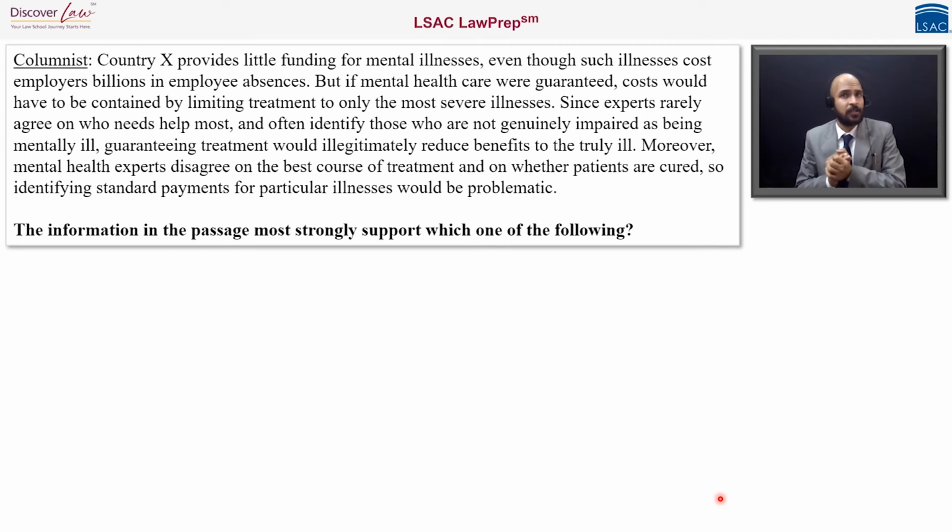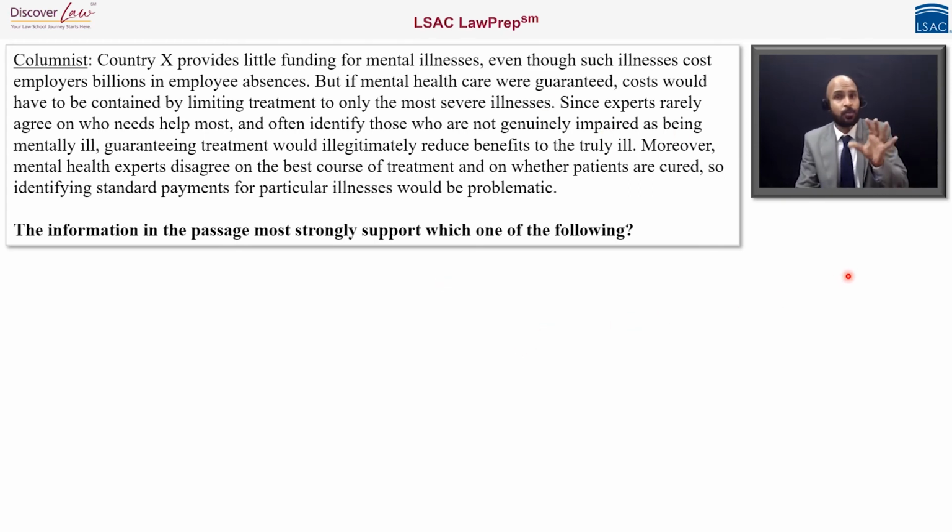But still, you need to practice the exercise of being able to see the conclusion, because very often, even in the RC section, the reading comprehension section, you'll have questions that simply ask you what the main conclusion is. Okay, so let's see what this argument is about and what the conclusion is.